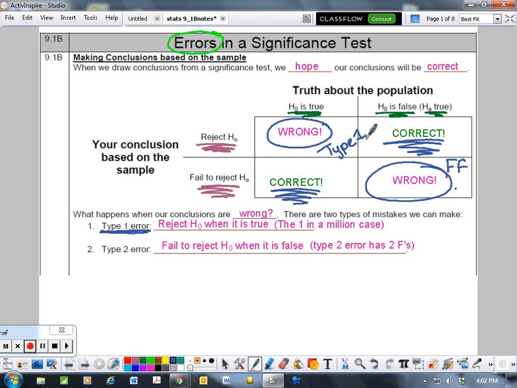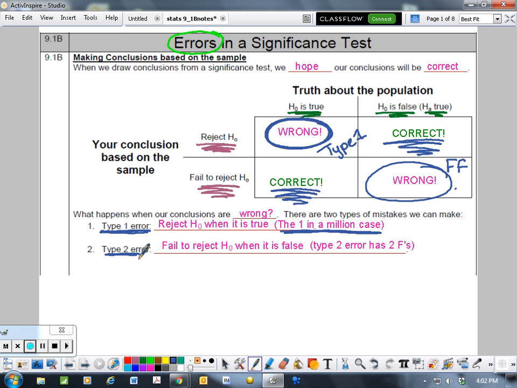There might be a 0.00000001, or a 1 in 74 million chance that you could win the lottery, but someone wins the lottery, don't they? So you could be that rare 1 in a million case. That's what happens here: the probability was so low that we rejected H0, but really it was the 1 in a million.